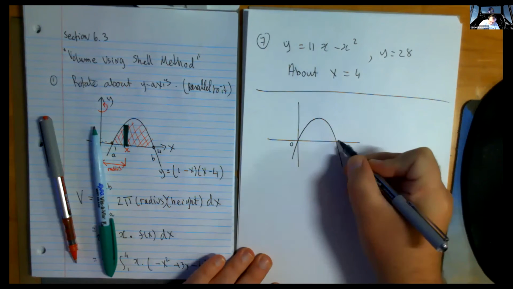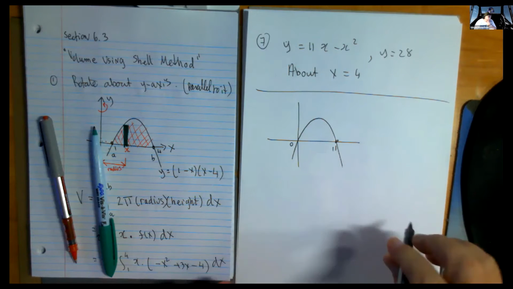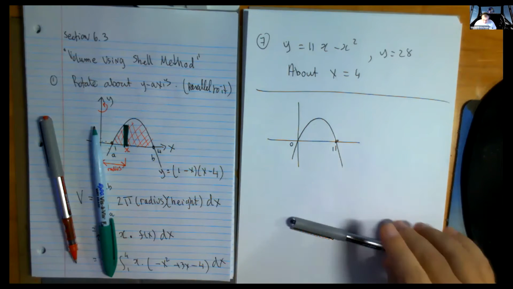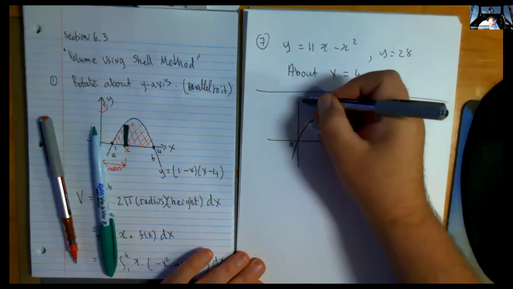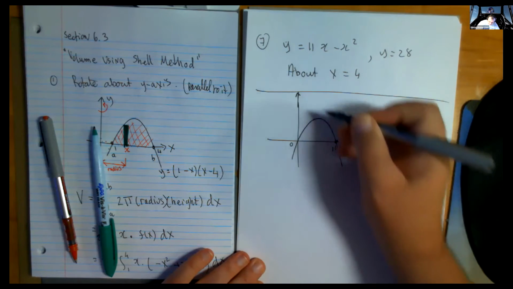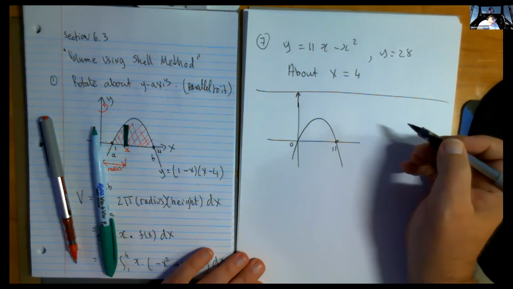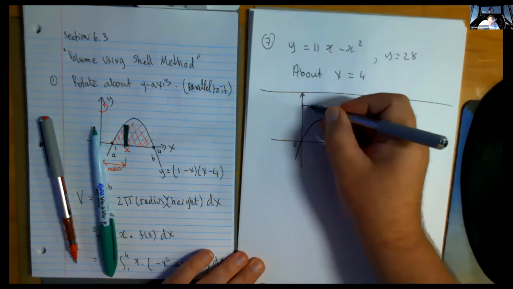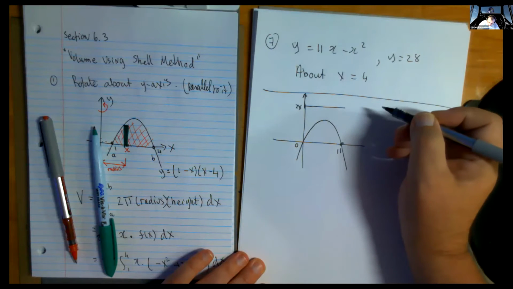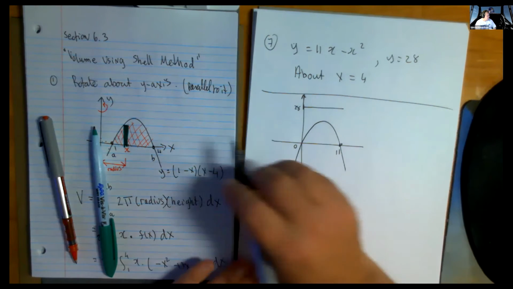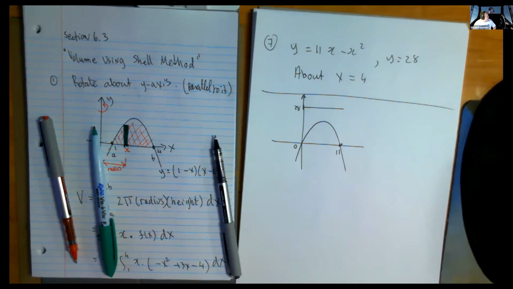This is 0. This is 11. And then we have a y equals 28 guy. There's y equals 28 somewhere up here probably. Let me check that. Question 7.